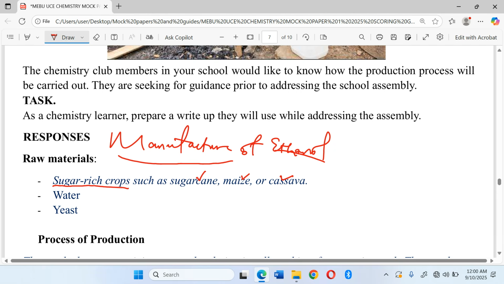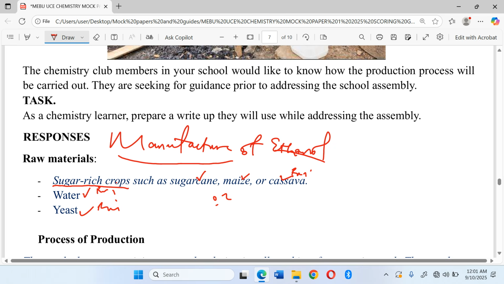Instead, you can choose among those which are already there. Another raw material is water. All these are raw materials. Then process of production.